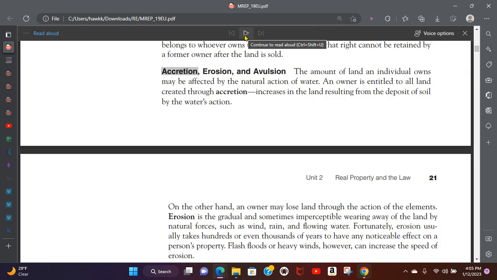Accretion. So when you got all these missing people, and you got these people who atrocities were committed to, and that land then is sold, you can't come back and get it.